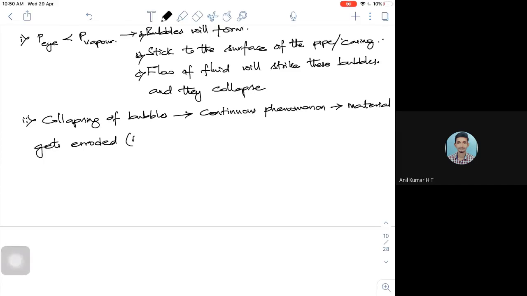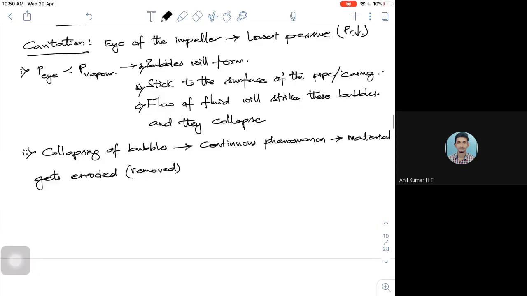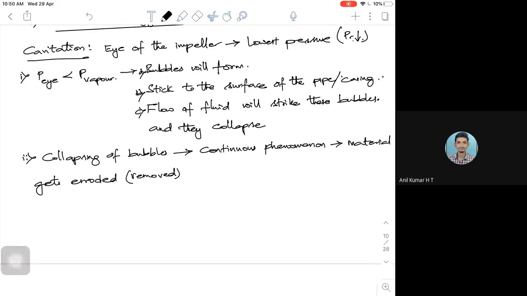The eroded means material gets removed, and this phenomenon we call cavitation. I repeat, what will happen? We could see the lowest possible pressure at the eye of the impeller. If this pressure falls below the vapor pressure, there is a formation of bubbles, and these bubbles will stick to the surface of the pipe, casing or impeller.